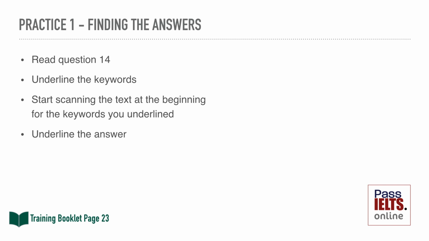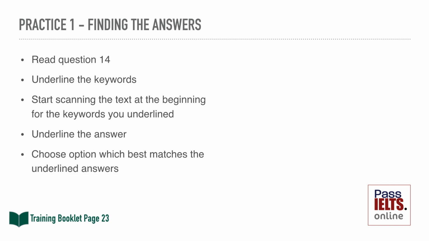When you think you found the answer, you should underline it. If you need more time at any point during this slide, just press pause. You should then choose the option which best matches the underlined answers. And then you can circle the answer in the question booklet.